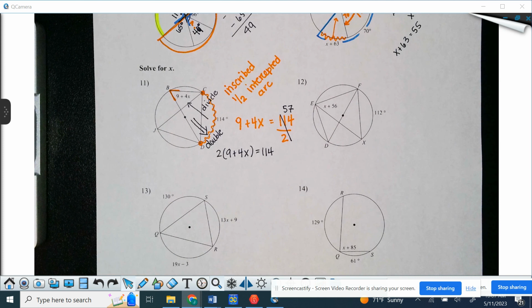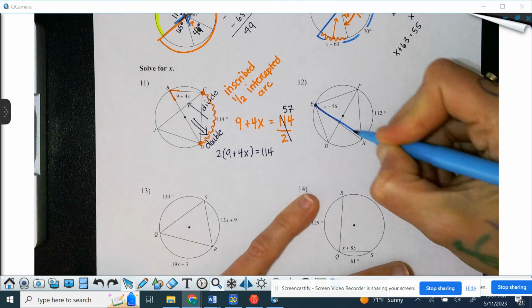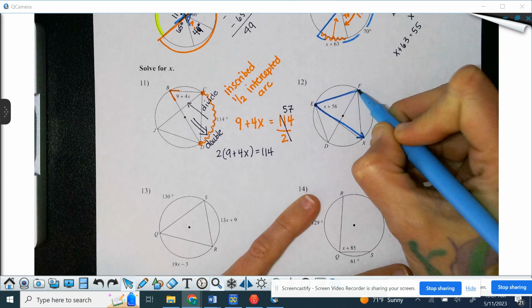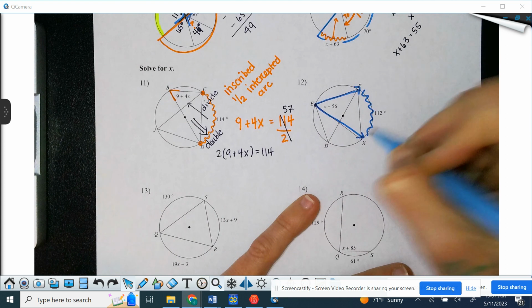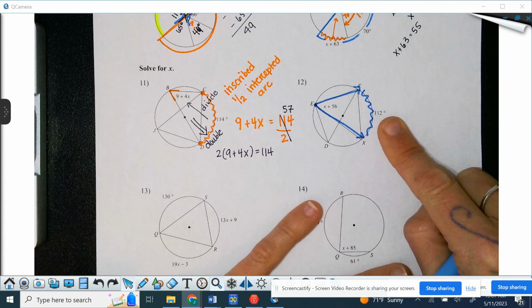So number 12 is exactly the same, but different numbers. So this angle intercepts this arc. So I can double x plus 56, or I could half 112 and then set them equal.